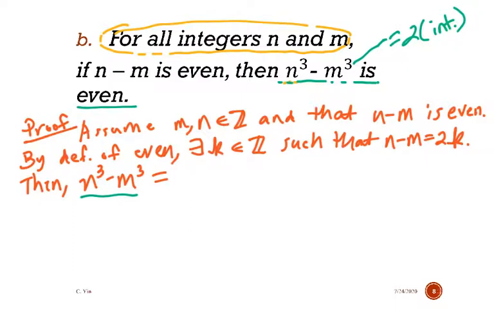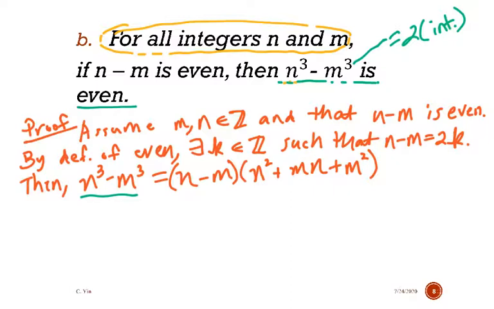Fortunately, we can do that. From way back in algebra, you learned that you can factor this. It's the difference of two cubes, and you can rewrite that as n minus m times n squared plus mn plus m squared.